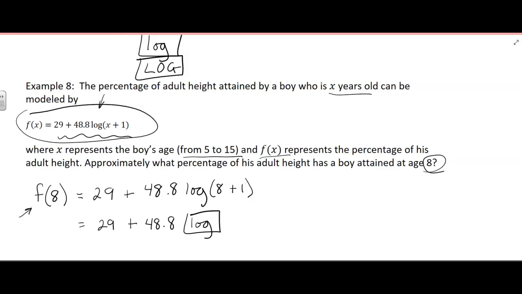When I hit the log button on my Texas Instrument, my kind of cheap calculator, it automatically opens a parenthesis. I don't have to put it there. That's already there, so don't make another one.